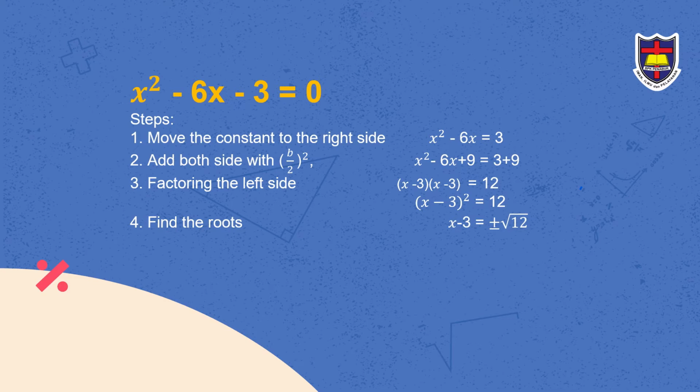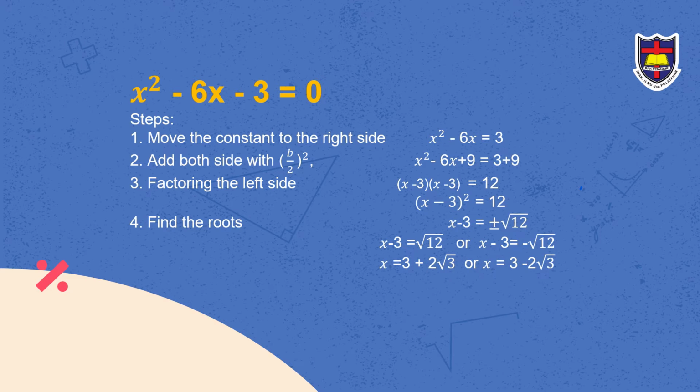After it, we can find the first root and the second root. For the first root, we have x minus 3 equals positive square root of 12. And for the second root, we have x minus 3 equals negative square root of 12.